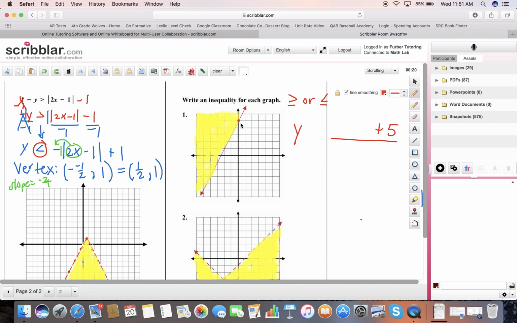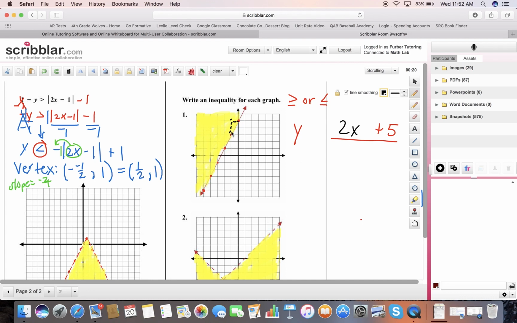I'm going to scan, and if I plot some of the points that are right in the grid marks, it looks like they all have a slope. First of all, it's a positive slope because the line is rising, but the line goes up 2 and to the right 1. So if the slope is 2 over 1, that's the same thing as just 2x. So 2x plus 5 is this equation.